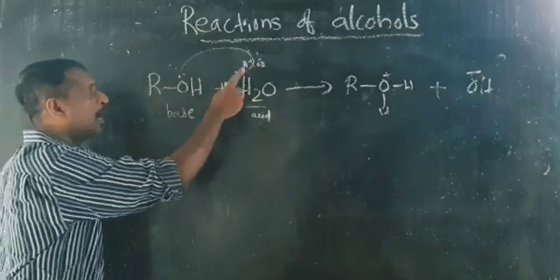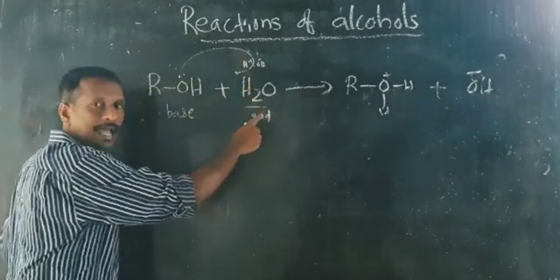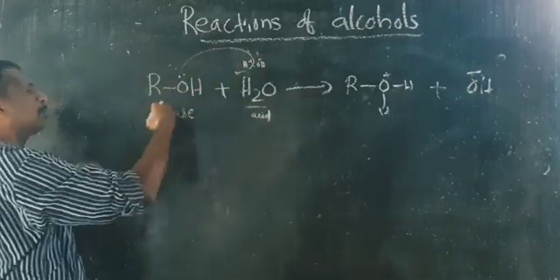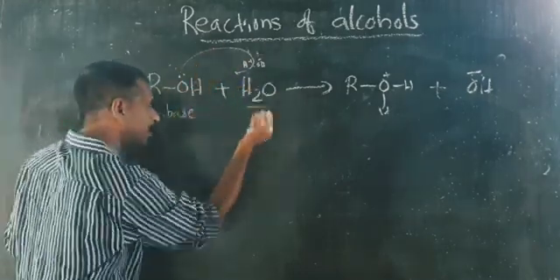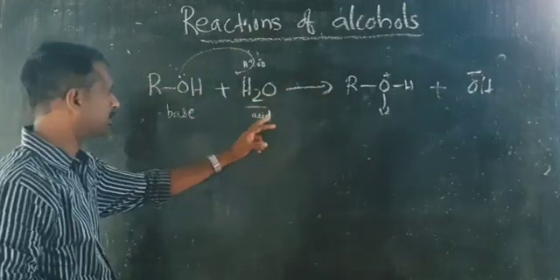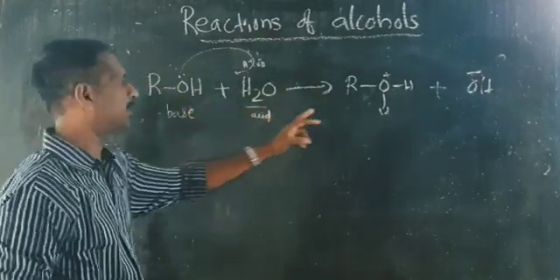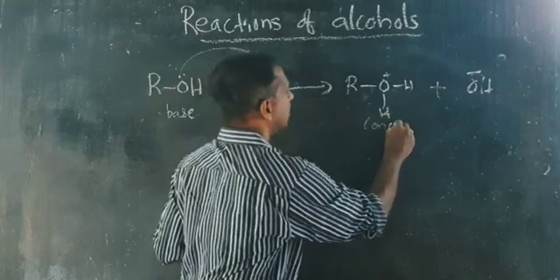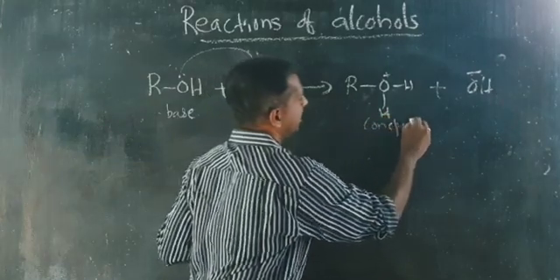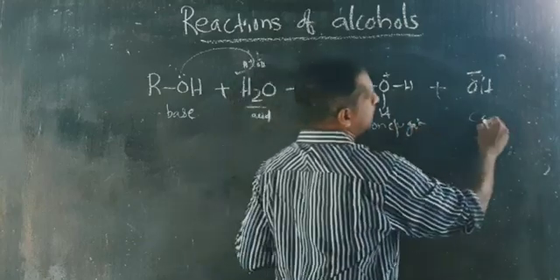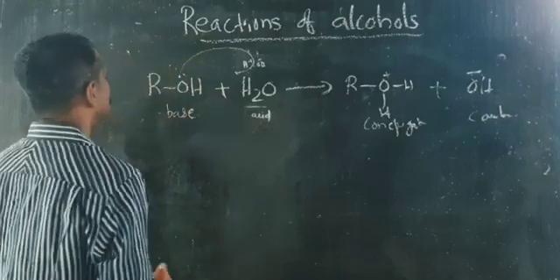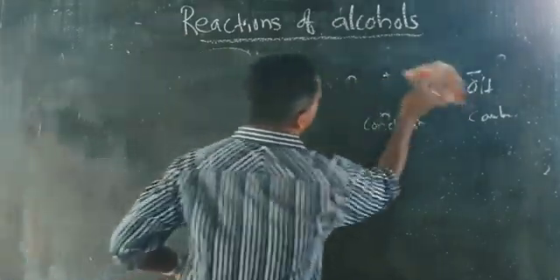Water is acting as acid and alcohol is acting as a base, because alcohol is accepting H+ and water is donating H+. And here you are getting the conjugate acid and the conjugate base. So keep it in mind, alcohols are less acidic than water.